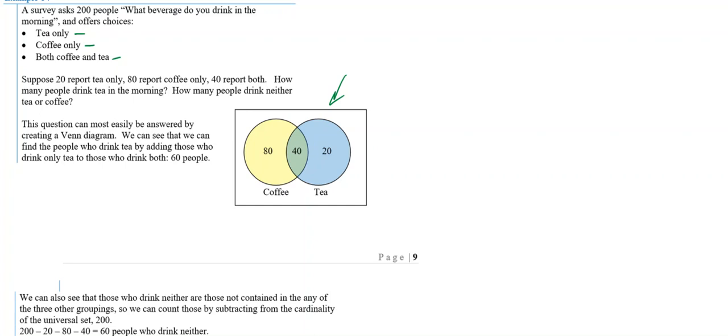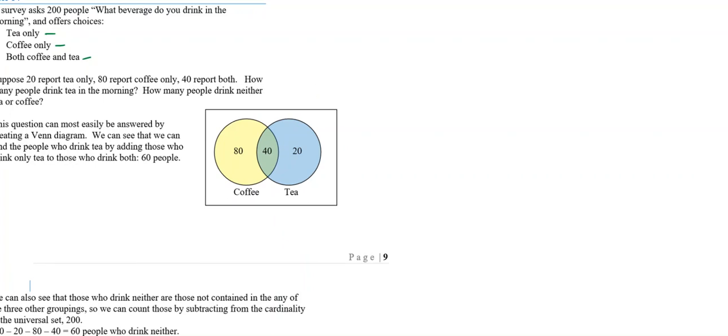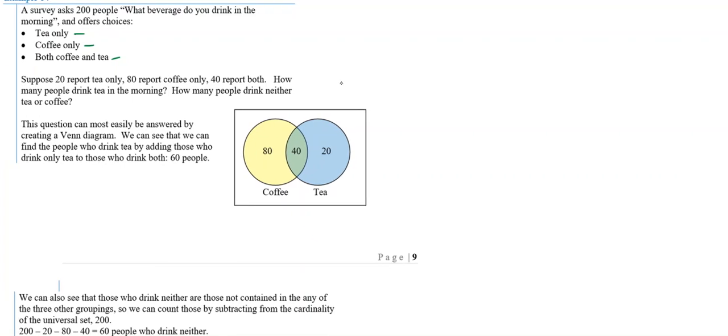Suppose 20 report tea only, 80 report coffee only, and 40 report both. Now it says how many people drink tea in the morning and how many people drink neither tea nor coffee. So the idea here, let's use our Venn diagram to start to piece this thing together, right?